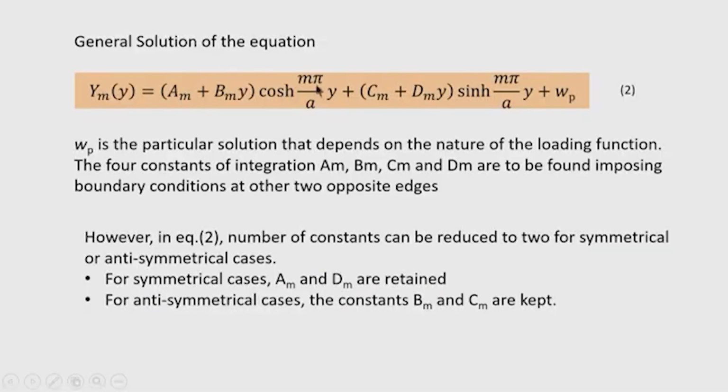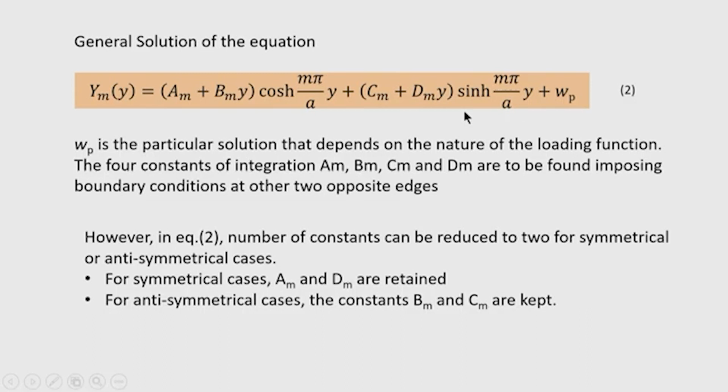In that case we only retain the symmetric terms: cosh(mπy/a), and since the product of two antisymmetric terms is again symmetric, we take A_m cosh(mπy/a) plus D_m y sinh(mπy/a) plus w_p, if the support conditions and loadings are symmetrical.